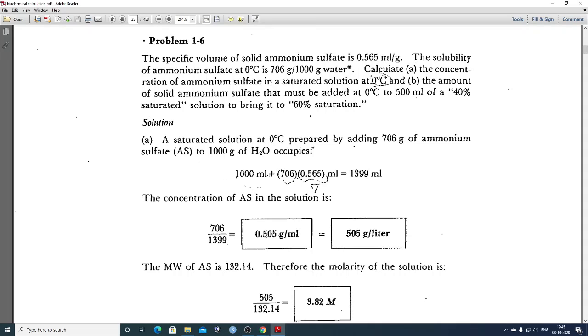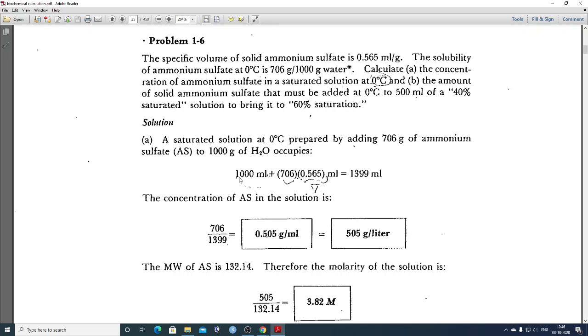So a saturated solution at 0 degrees is prepared by addition of 706 grams of ammonium sulfate to 1000 grams of water. So 1000 ml is there. We are adding 706, and you know that each gram increases the volume by 0.565 ml.